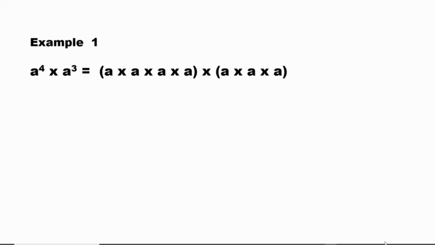To simplify this expression, you can apply the multiplication law of indices, which states that when multiplying two numbers with the same base, you can add their exponents. Since the base is the same, a, you can add the exponents, which gives you a^7.